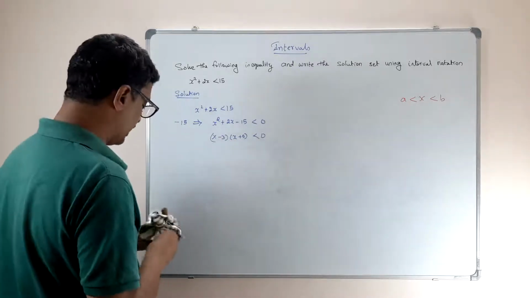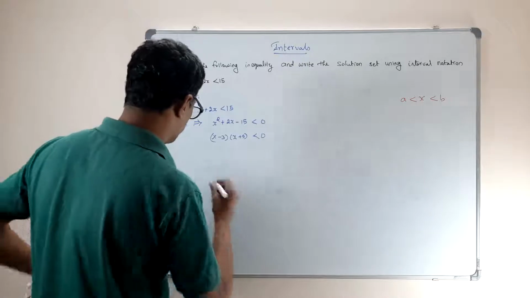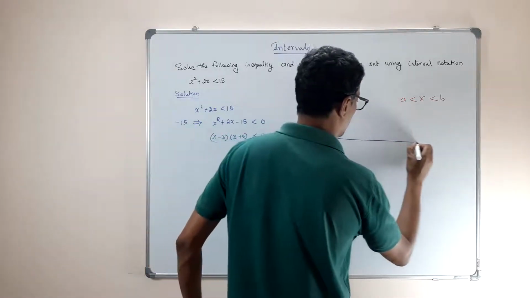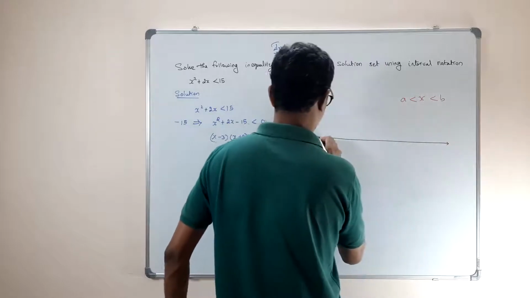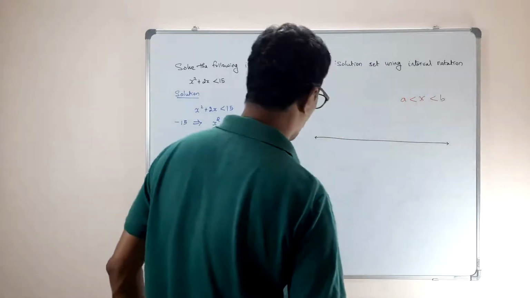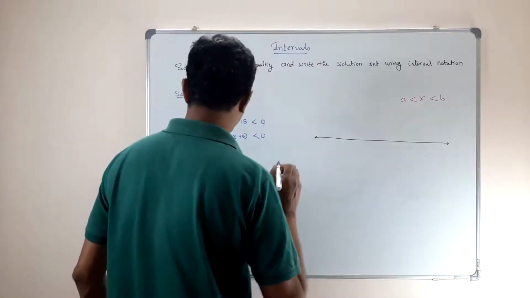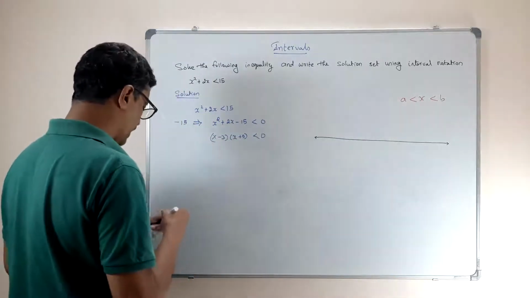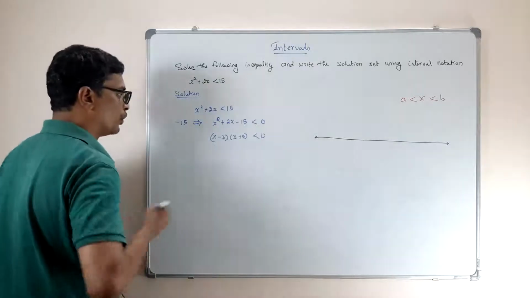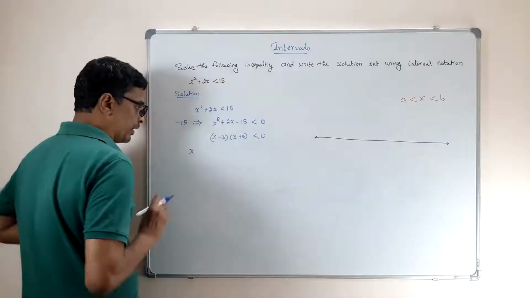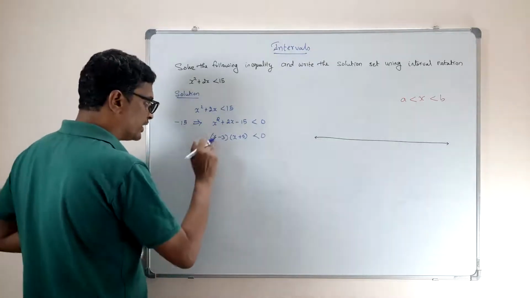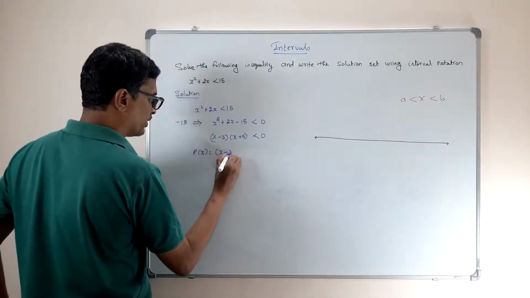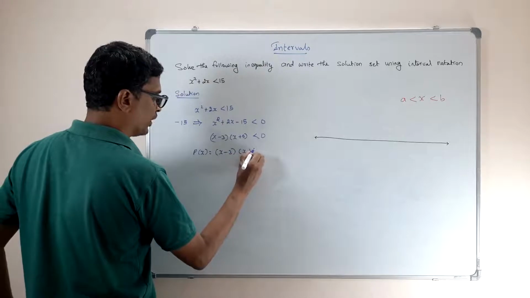The first idea is to draw the number line. Okay, let me draw it here. Draw the number line and mark the two points. Let me write this function as p of x, equal to x minus 3 into x plus 5.